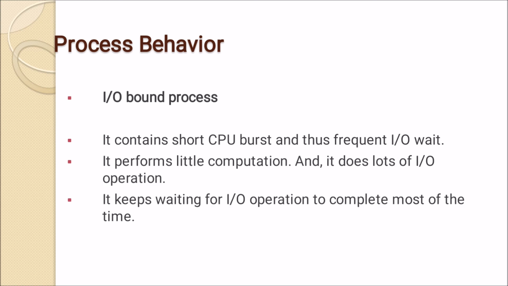An IO bound process contains short CPU bursts and thus frequent input output wait. It performs little computation and lots of input output operation, so it keeps waiting for IO operations to complete most of the time. So these are the 2 types of process: CPU bound or IO bound.